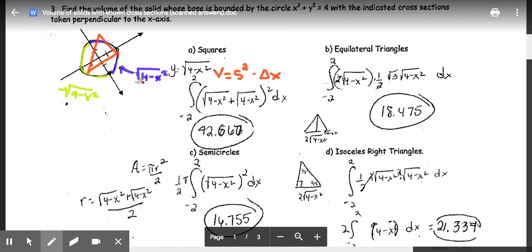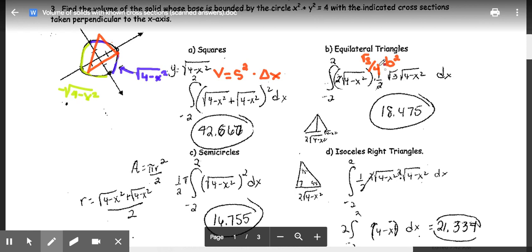I know it's really hard to picture, but this point is sticking out towards you. So the equilateral triangle base is top curve minus bottom curve, and you can just memorize the formula that this is root 3 over 4 times the base squared. You don't have to do it individually like I did here.